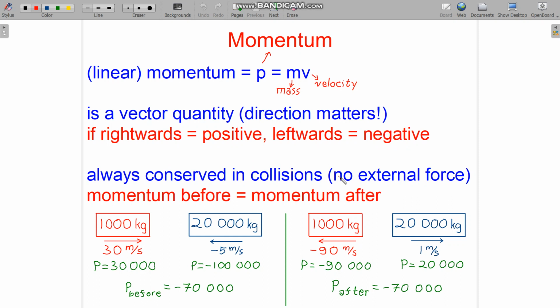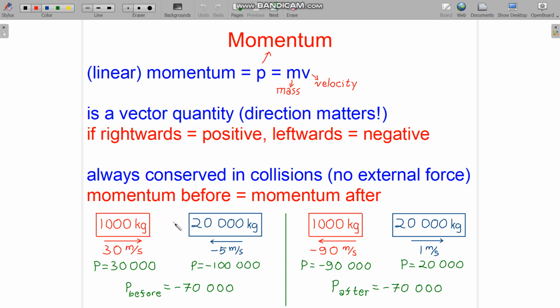So for example, we have a car of 1000 kg mass going 30 meters per second, which is around 108 kilometers per hour, and a fully loaded truck of 20,000 kg going slowly at 5 meters per second to the left, so around 18 kilometers per hour to the left, and they crash into each other.